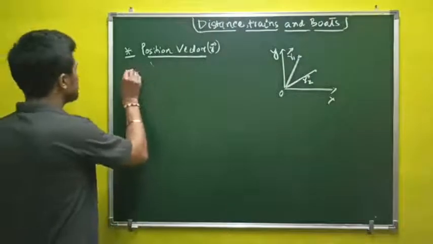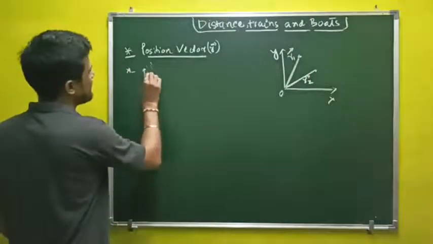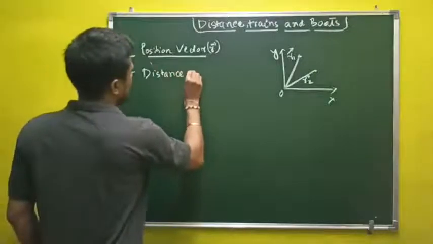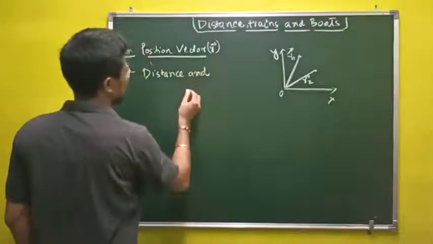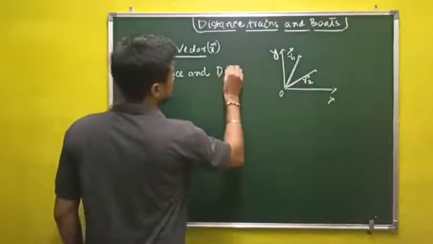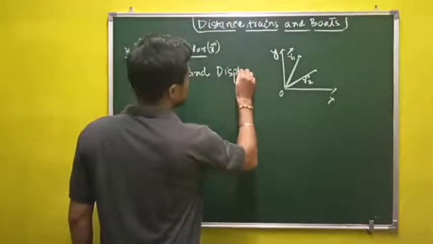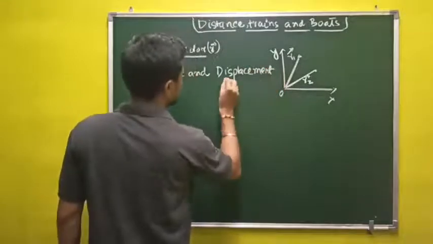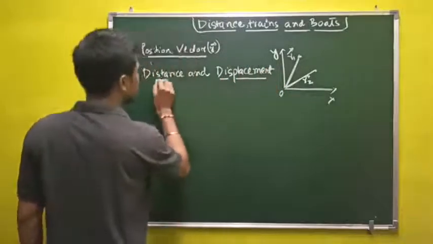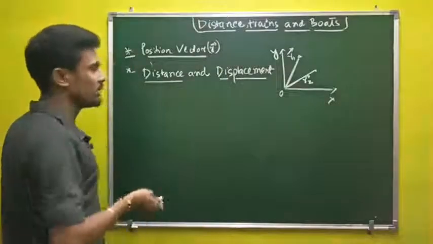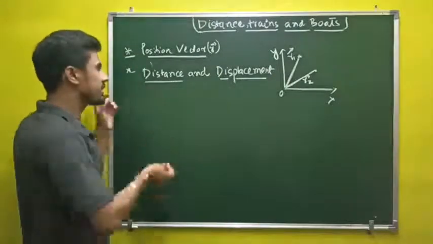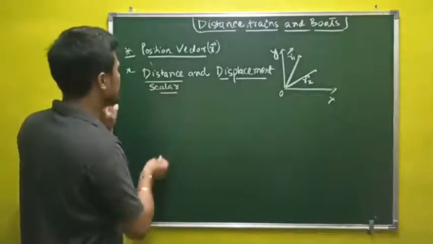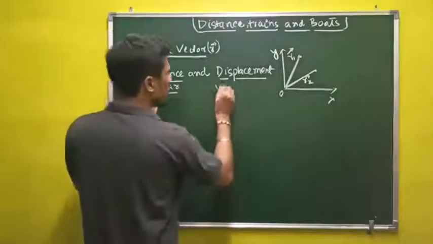Second, we will discuss distance and displacement. These two things are different. One is a scalar quantity and the other is a vector quantity. Distance is a scalar quantity, and displacement is a vector quantity.